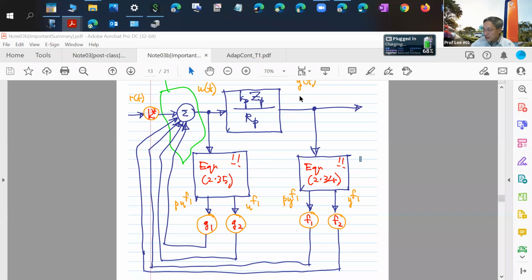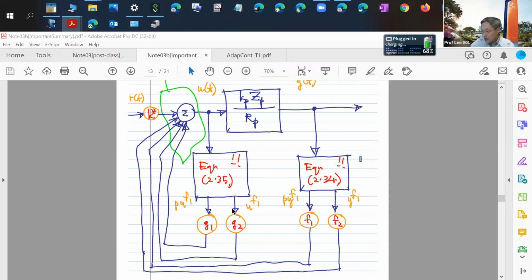This is a second order system, you have U, you have Y. Then you set up the 1 over T filter, here with Y as input, here with U as input.